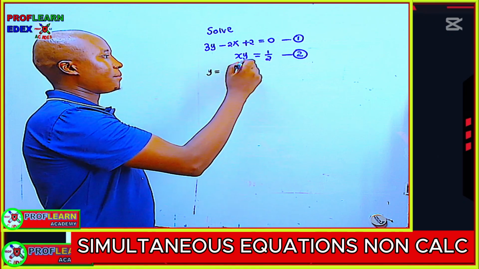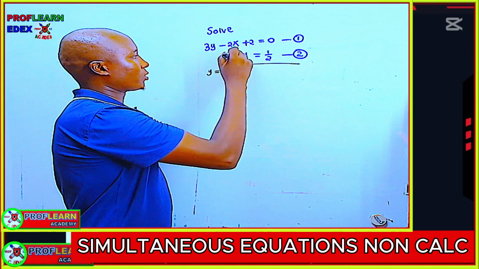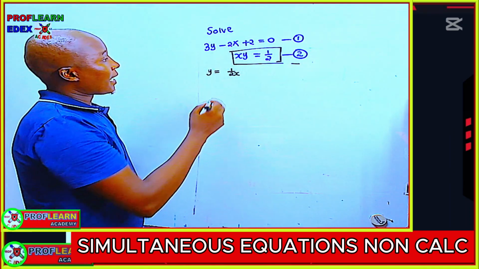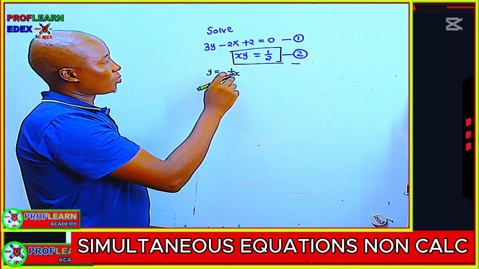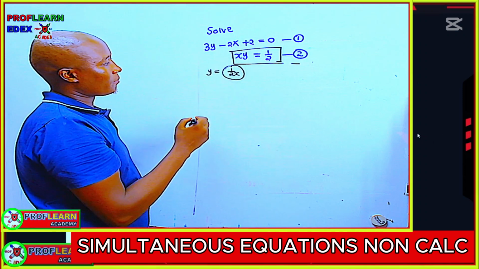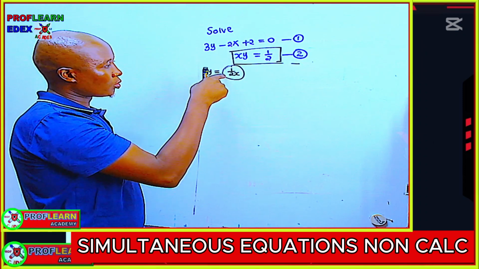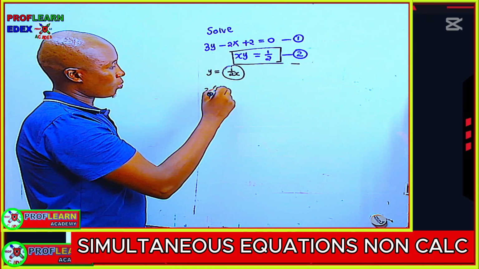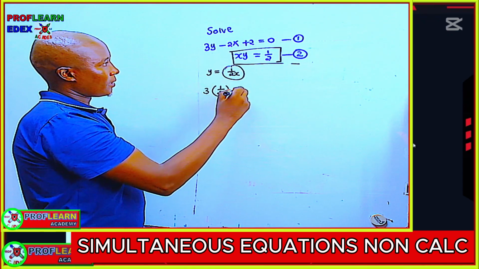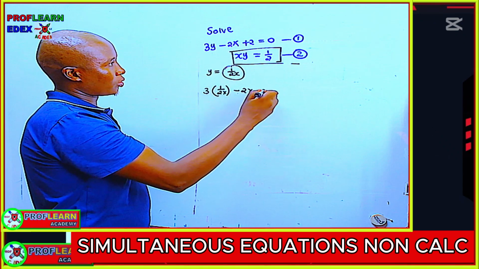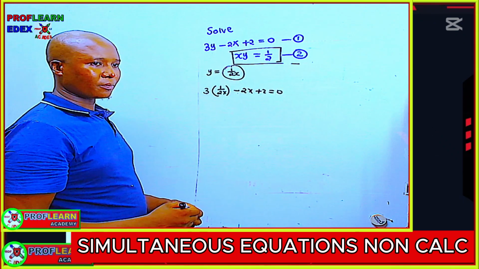I can rewrite this equation so that I have y in terms of x, so I'm going to substitute this y into this equation. So it's going to be 3 into 1 over 2x plus, minus 2x plus 2 is equal to 0.